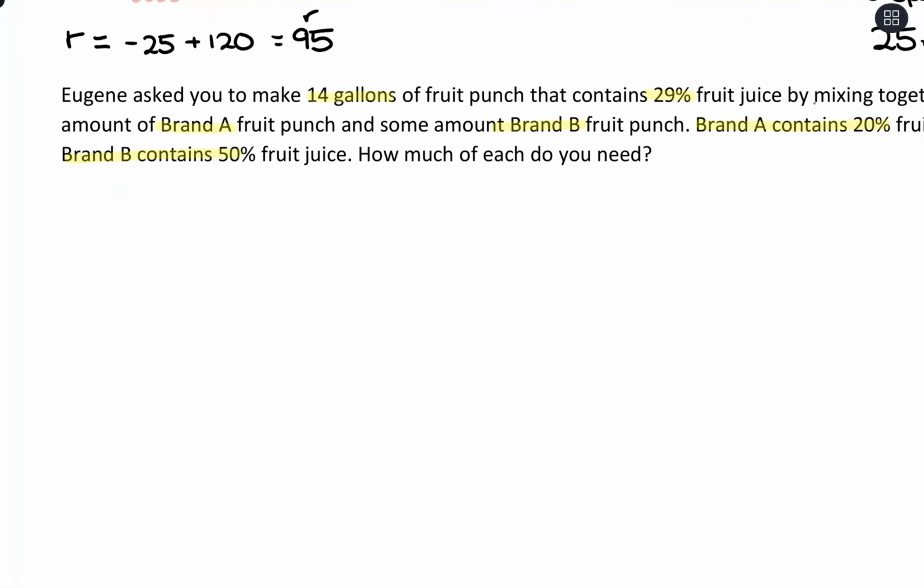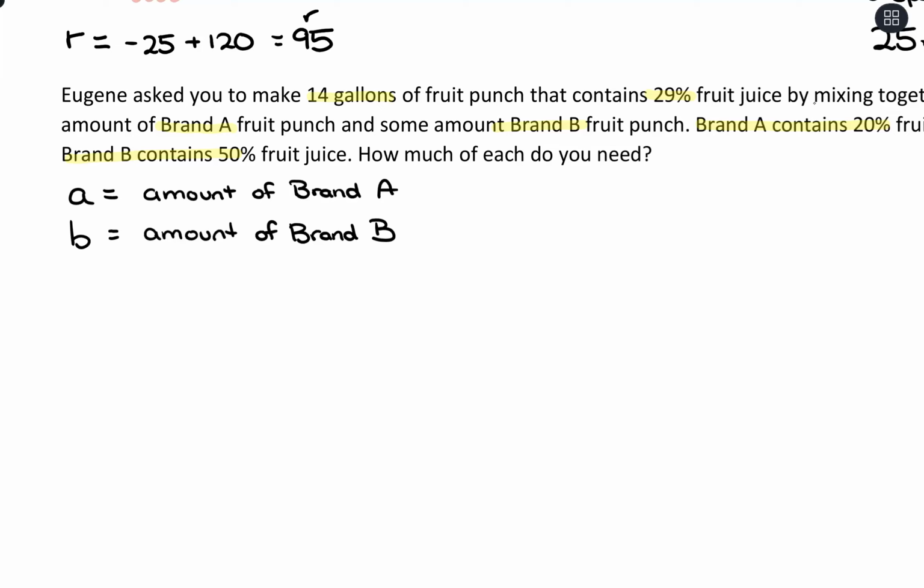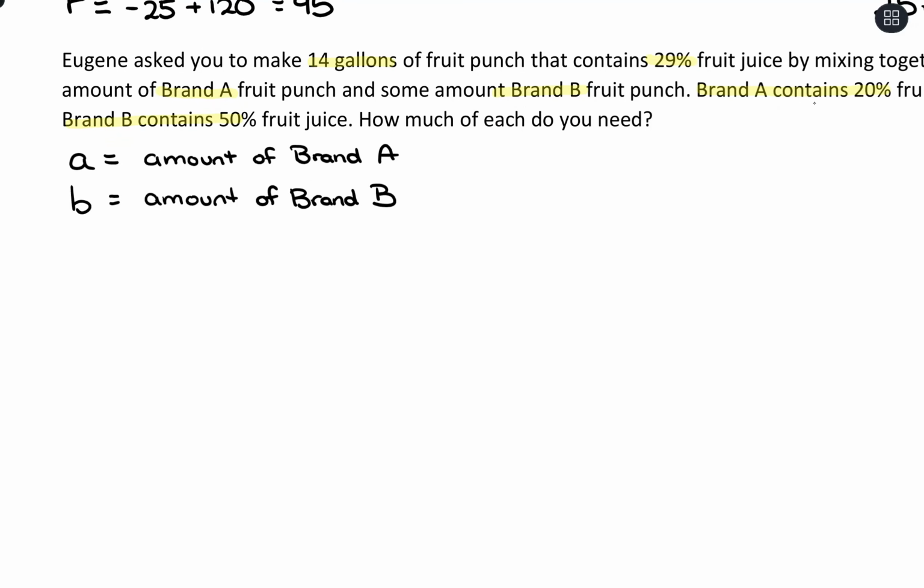Okay, let's go ahead and use A and B here. We're going to have amount of brand A and amount of brand B. And these answers are going to be in gallons.